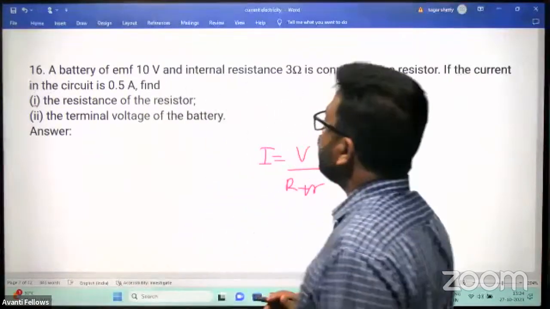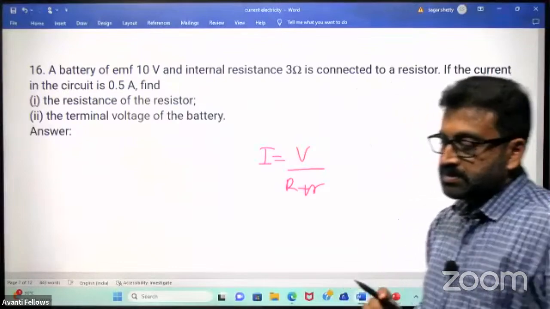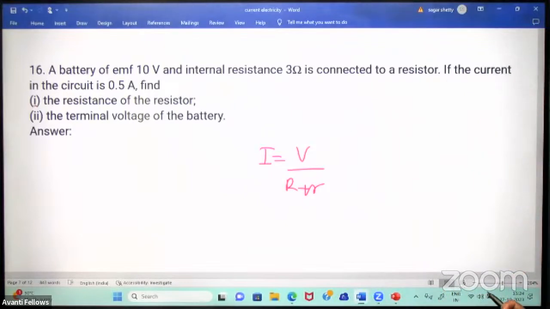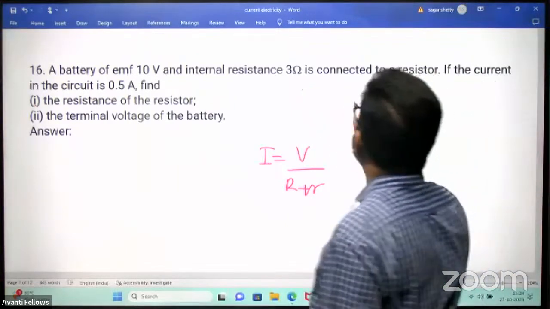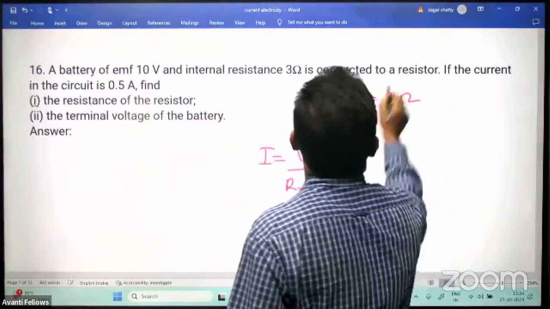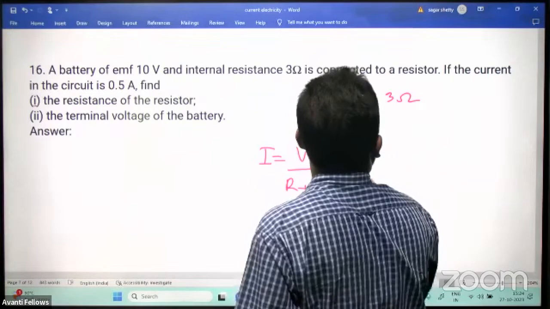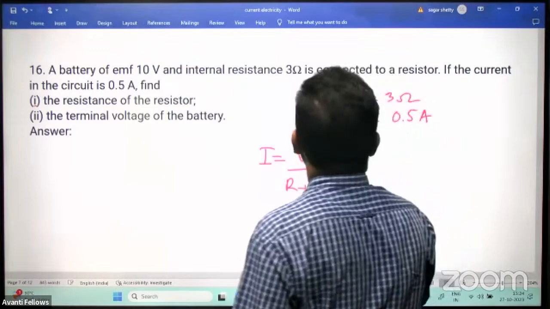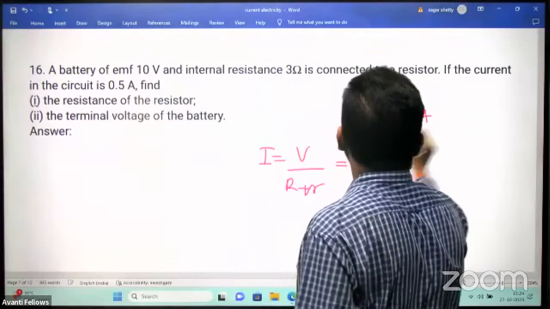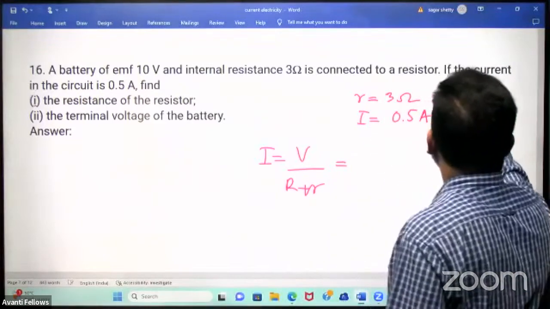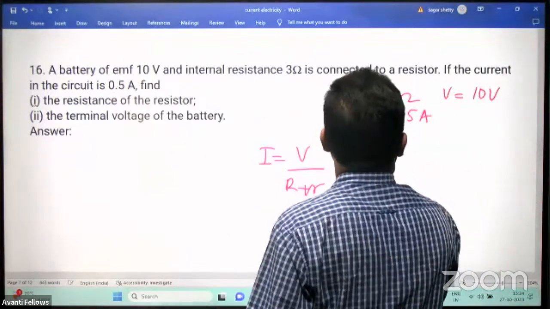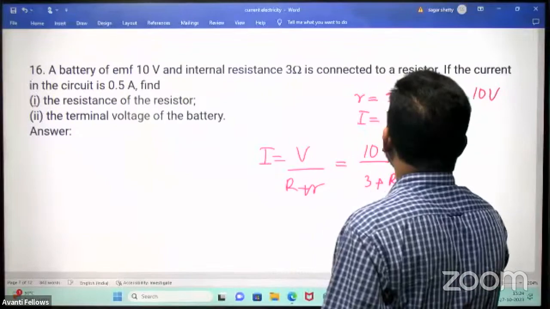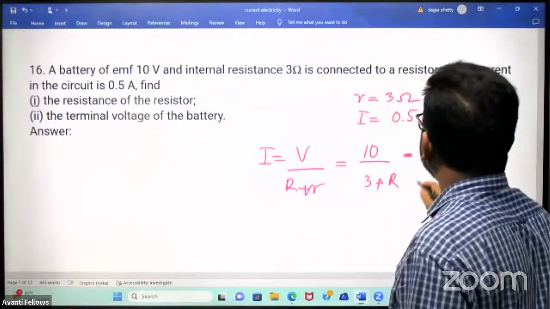V is given as 10, small r is the internal resistance, 3 ohm, and capital R is the resistor. The current in the circuit is 0.5. So 10 by 3 plus capital R equals 0.5 ampere.